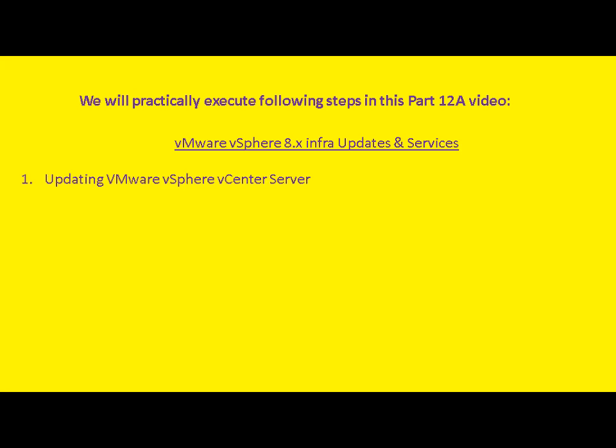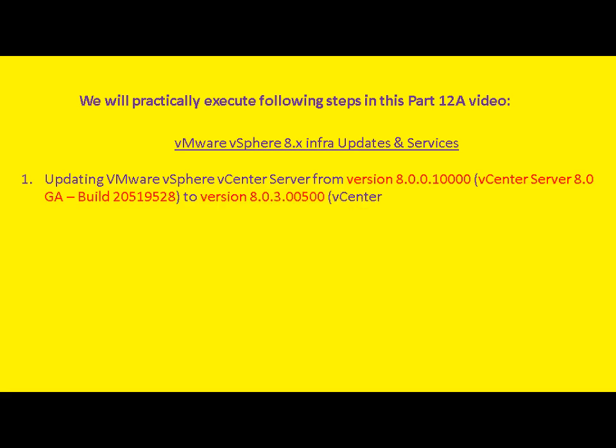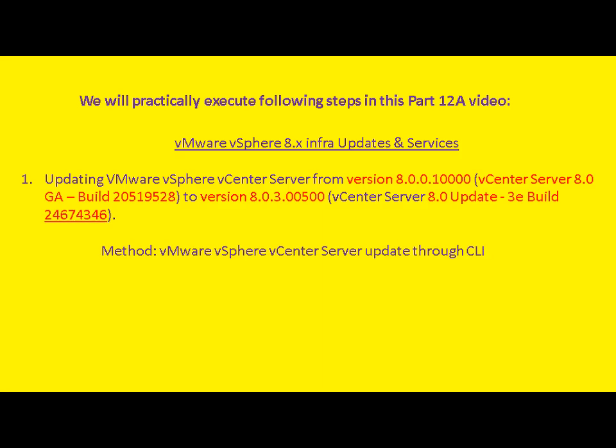We will be updating VMware vCenter server from version 8.0.0.10000, vCenter server 8 GA build 20519528, to version 8.0.3.500, which is called vCenter server 8.0 update 3E, build number 24674346. As I said earlier, our method is the VMware vSphere vCenter server update through CLI mode, that is command line mode. So let's move on.